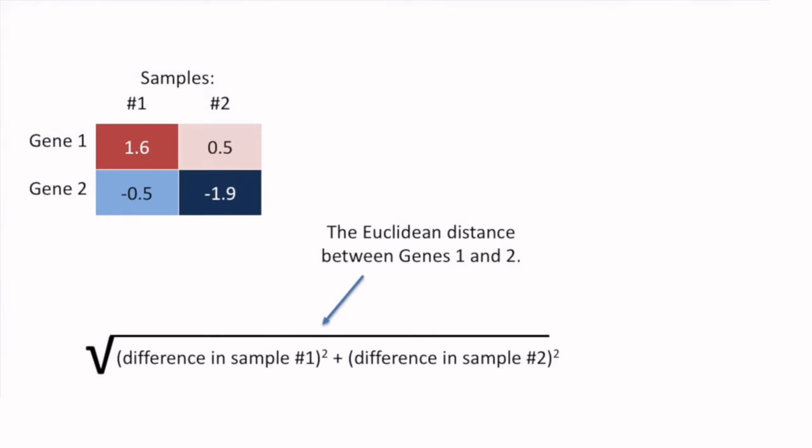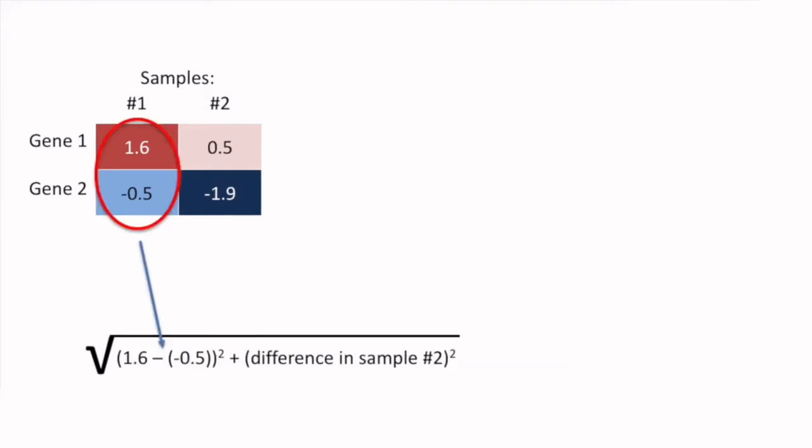The Euclidean distance between gene 1 and gene 2 is the square root of the difference in sample 1 squared, plus the difference in sample 2 squared. Next, we'll just plug in the values for sample number 1 and sample number 2.